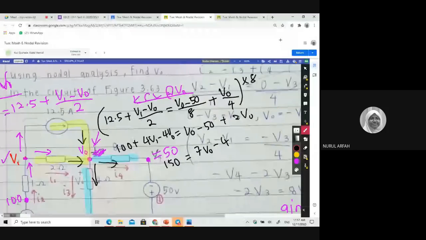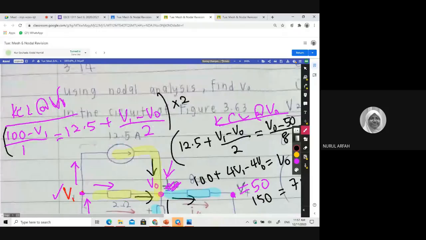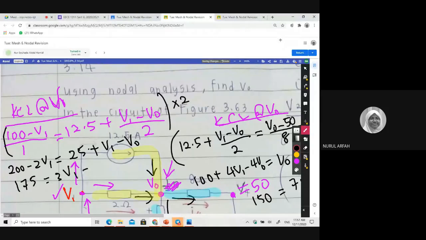Then this part you can multiply by 2, and you get 200 minus 2V1 equal to, what is this? 25 times... plus V1 minus V naught. And then you have 175 equal to 3 V1 minus V naught.